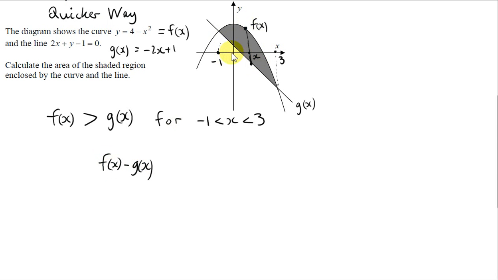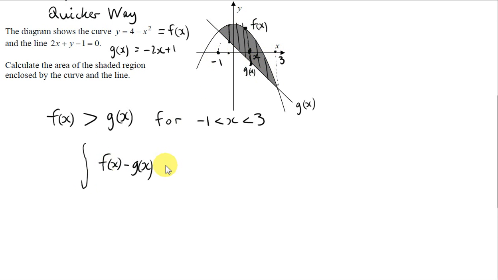And we can do that for all values of x along here. So for example, if x is here, then f of x minus g of x will be the length of this line here. Okay, so that's f of x, that's g of x, and there's x. And you can imagine summing all these vertical lines from x equals -1 to x equals 3.